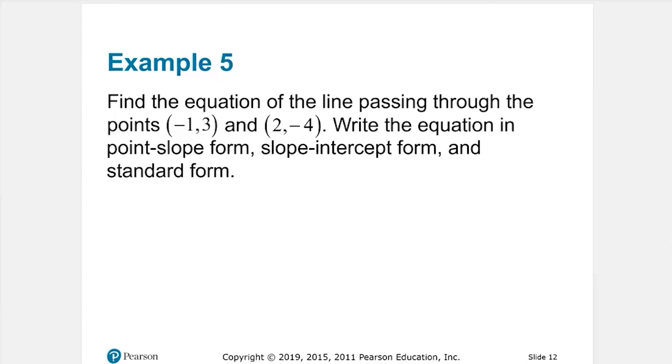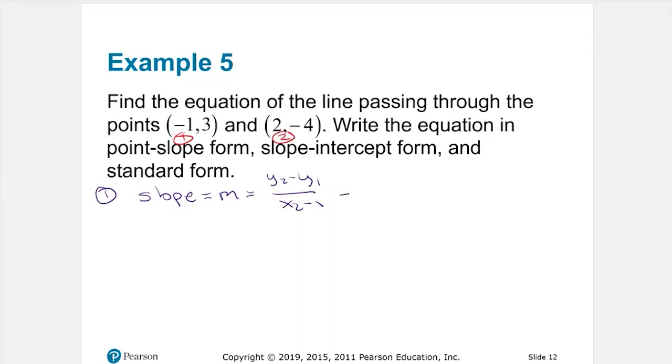So first thing we have to do is, one thing we do not have is the slope. So step 1, we're going to find the slope, which is equal to m in our equation, which is y2 minus y1 over x2 minus x1. And again, I'll call this 1 and I'll call this 2.